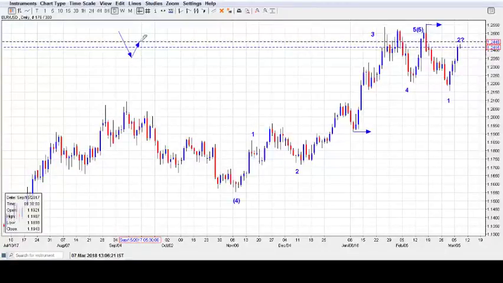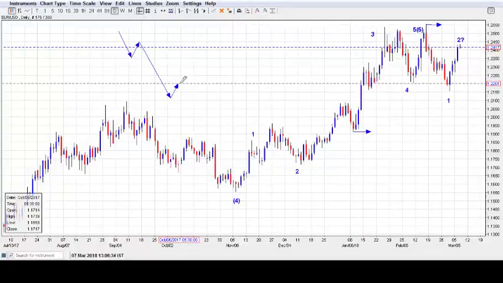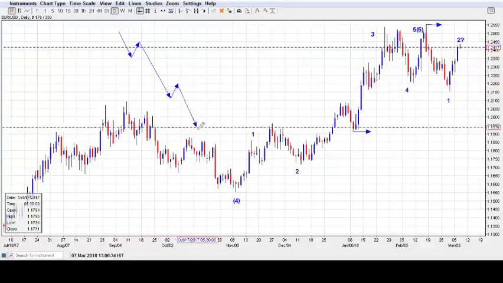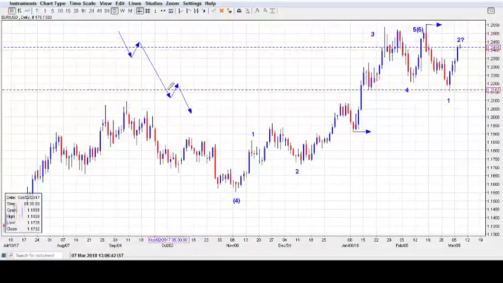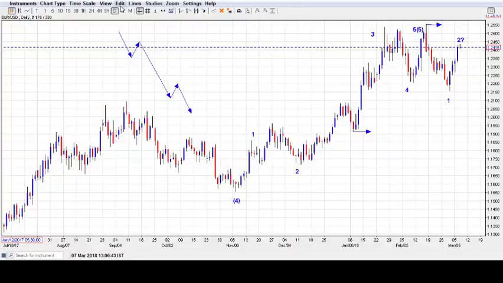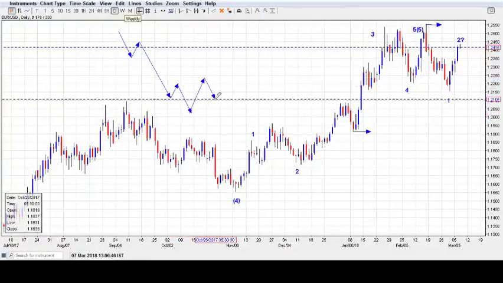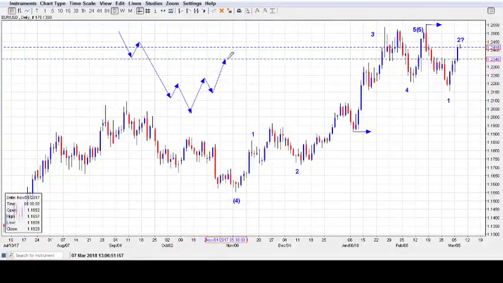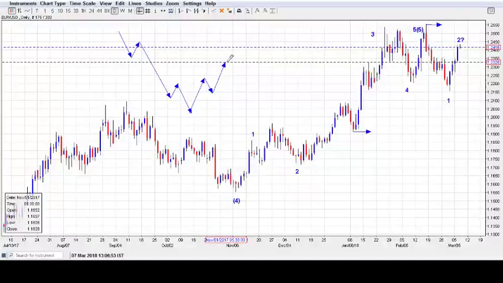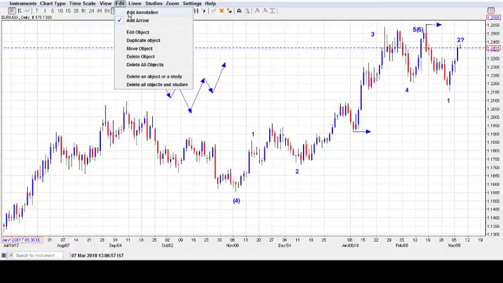For the first time after quite a few trading sessions, we are witnessing the first bearish impulse, which we have labeled as wave 1, and most probably we have also got a nice little corrective rally now which has been labeled as wave 2 on the right hand side.